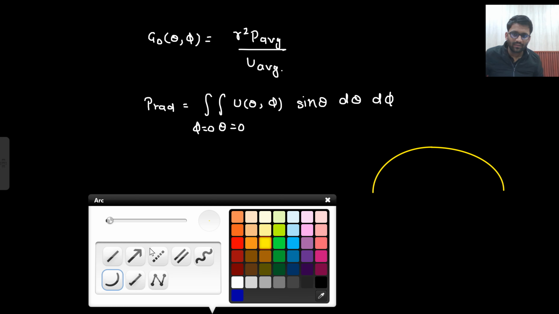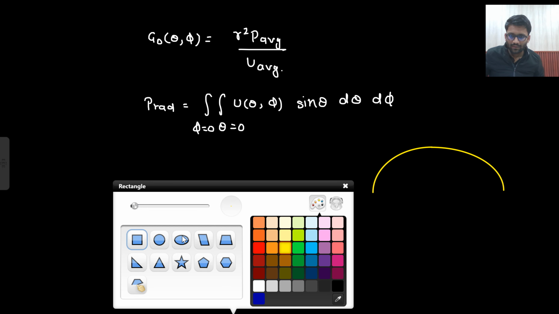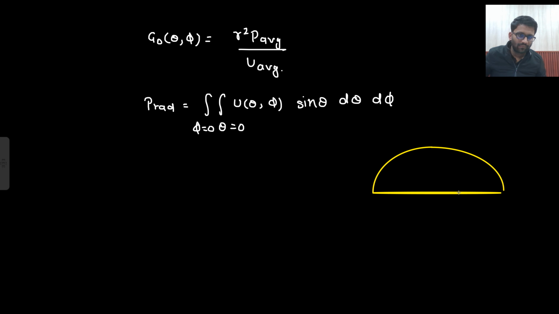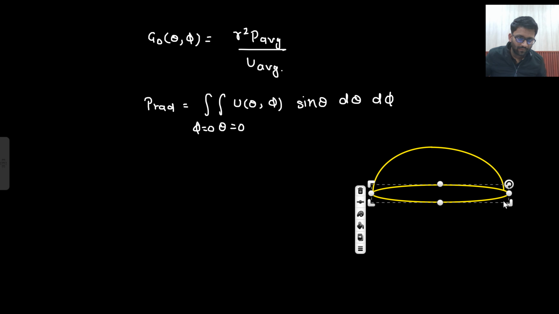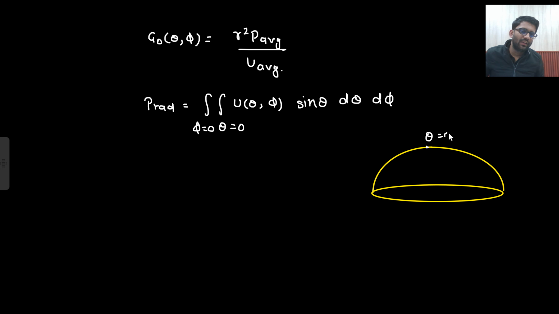This is your hemisphere, right? If this is your theta equals 0 degree, then this will be theta equals 90 degree only. And what about the range of phi? If I am calling this phi equals 0 degree, then it will again complete the circle and go to 2 pi. So phi will go from 0 to 2 pi, but theta will go from 0 to pi by 2 only. This was the catch here.